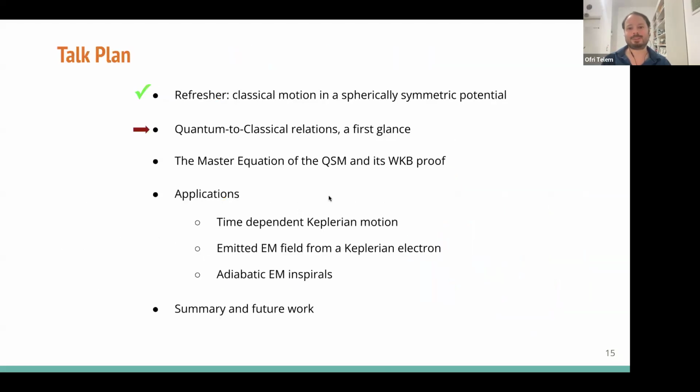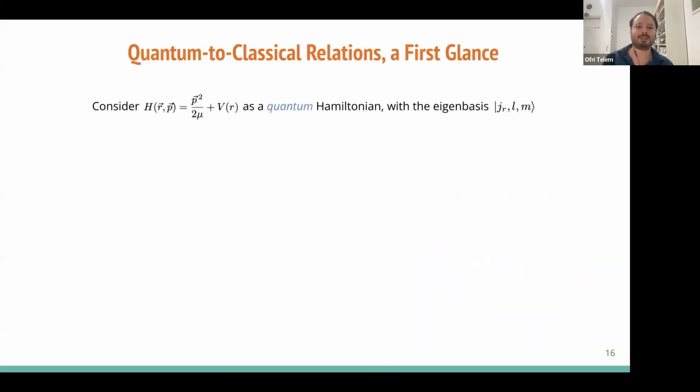Okay, so after this quick refresher, let me go very quickly to results, not to bore you with classical physics that you might know from undergrad. So let's take the same Hamiltonian that we used to compute the classical motion and now treat it as quantum, with the eigenbasis labeled by the quantum numbers Jr, L, and M. Usually we talk about n, L, and M, where n is the principal quantum number, but this is a good parameterization only for the hydrogen atom because the hydrogen atom has a degeneracy, because it has only one period.